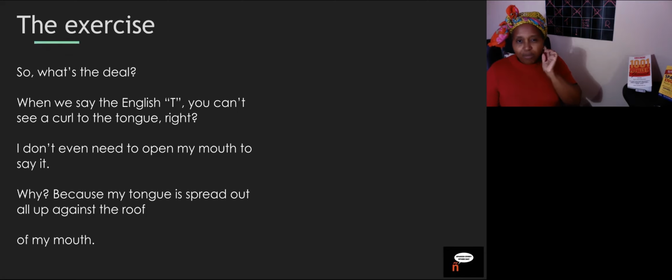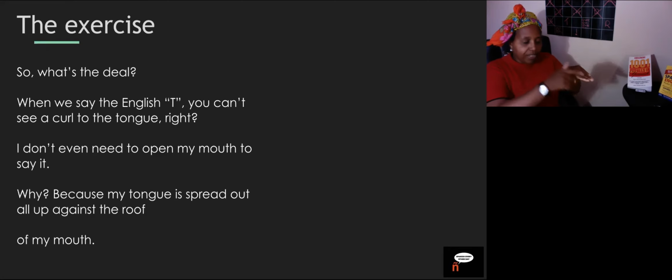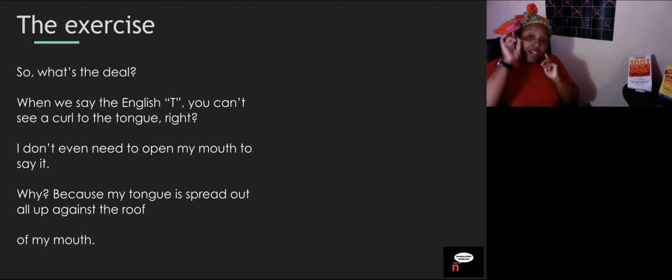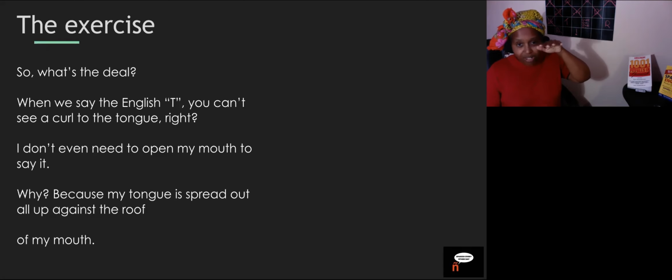I can also feel perhaps just a little bit of a bump towards the back of the throat and up at the top of my mouth, right around the back of the throat when you say T. But the tongue is kind of spread out along the roof of the mouth when we go talk or territory.